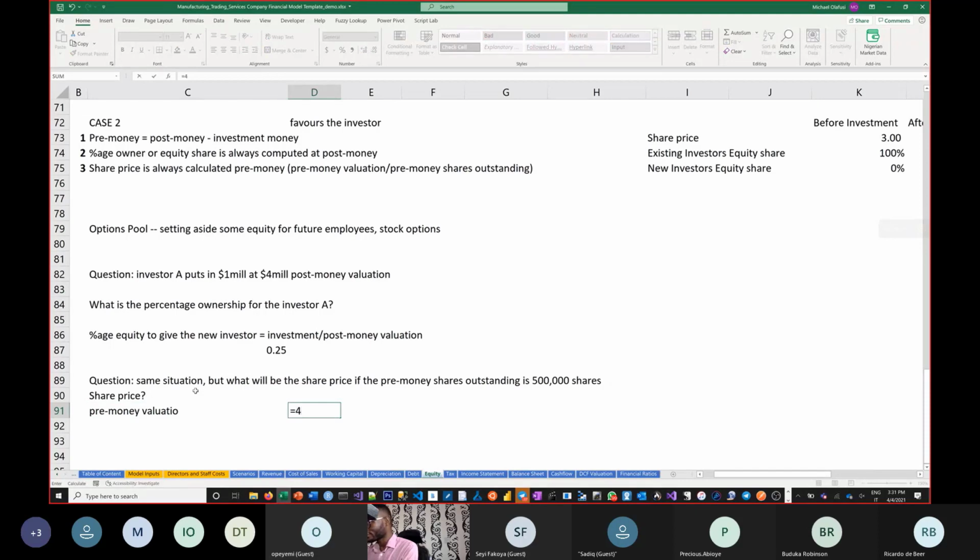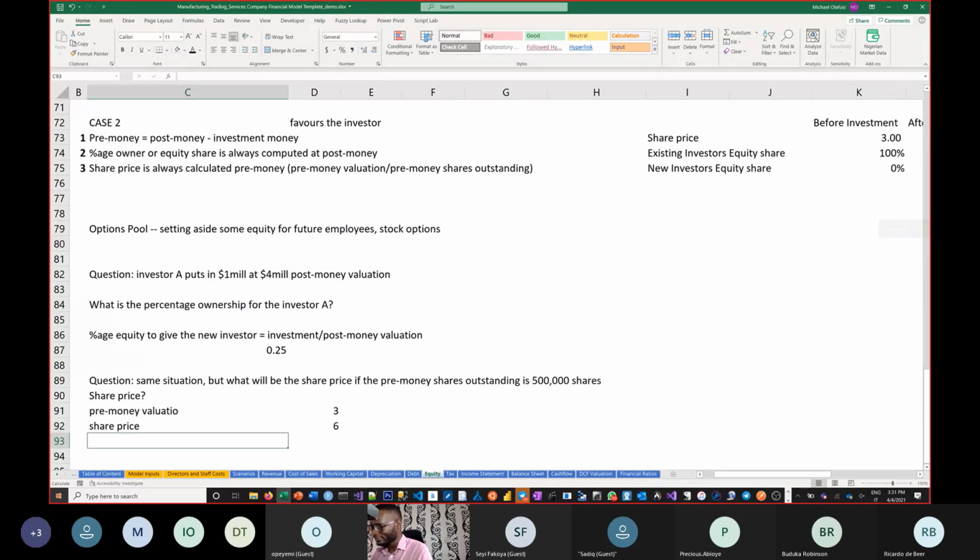And then the share price is going to be equal to that pre-money valuation, 3 million, divided by the 500,000, which is 0.5 million. So share price is 6 naira.